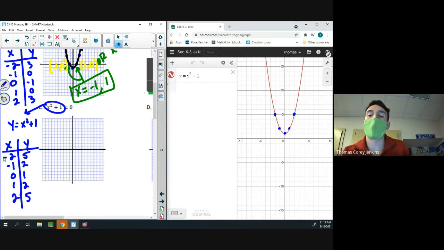All right, so when I copy those on the graph, again, 0 goes to 1, -1 to 2, 1 to 2, and then -2 goes to 5, and 2 goes to 5.